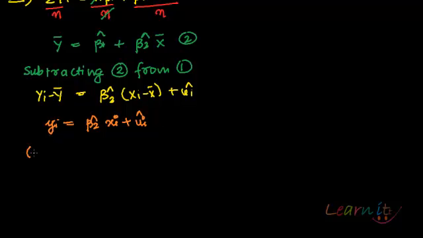Remember this, that your original model was yi equals beta 1 hat plus beta 2 hat xi plus ui. Now this is the model in deviation form. This is the model in deviation form. Fine. So thank you.